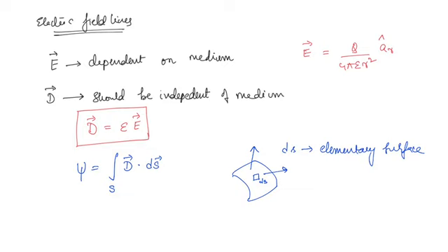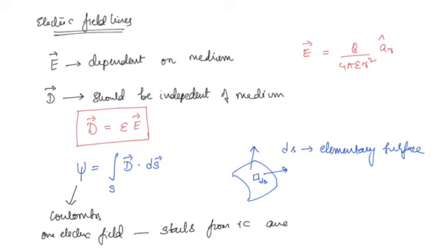Now we need to know two things: what is d bar called and what is the unit of d bar. This flux unit is usually measured in coulombs, because one electric field line is taken to be starting from 1 coulomb and ending at -1 coulomb.